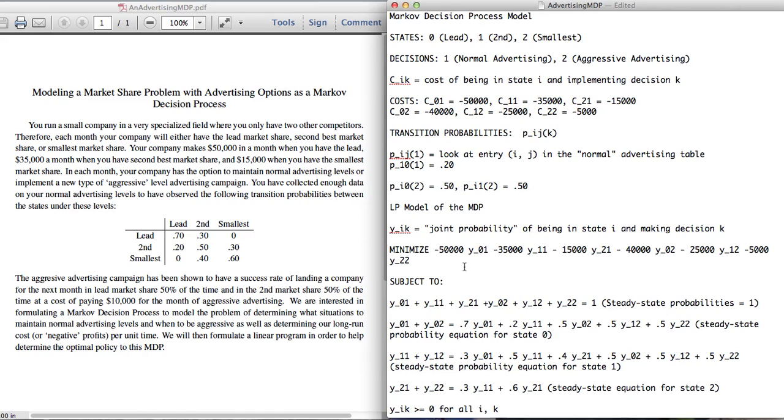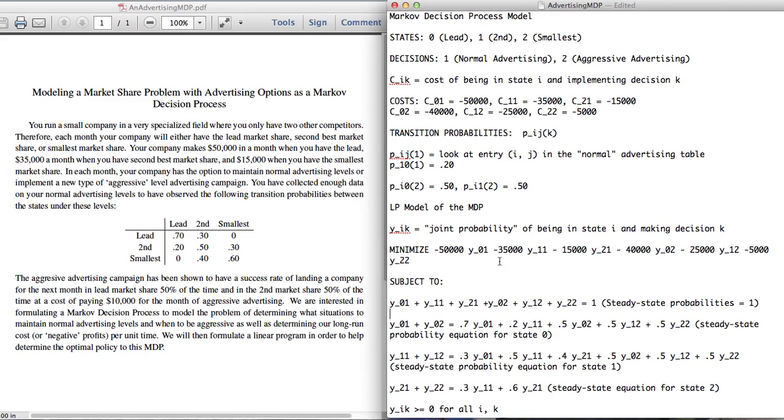One thing I want to point out from solving this problem is that we could drop one of the constraints, but we need to make sure that we include that the sum of the y's is equal to 1.